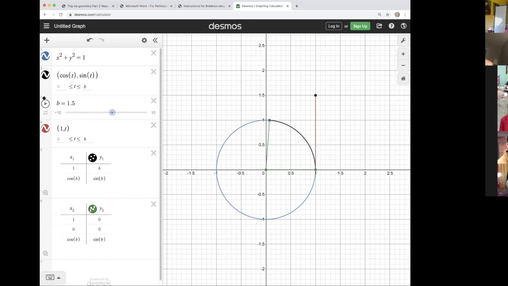It looks like maybe b, the radian measure, the arc length, is about 1.5, and the x component of the point on the unit circle is cos t, and the y component is sine t. Cos is a small number, just a little bit bigger than 0, and sine of t is almost 1.